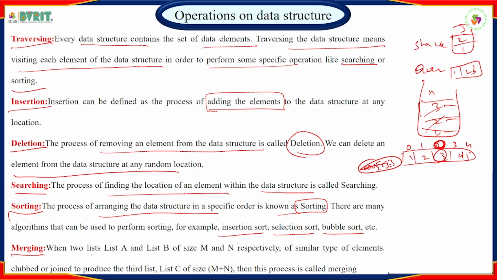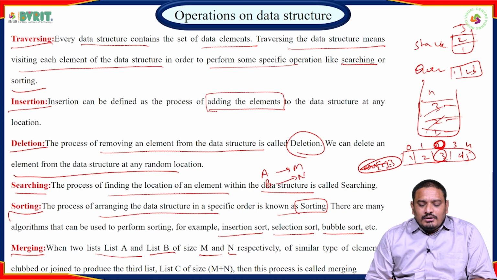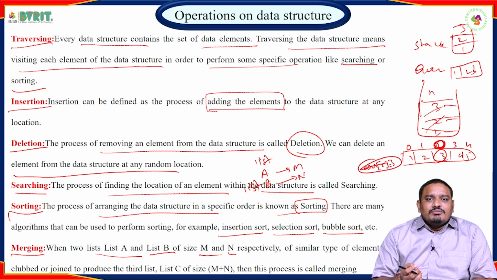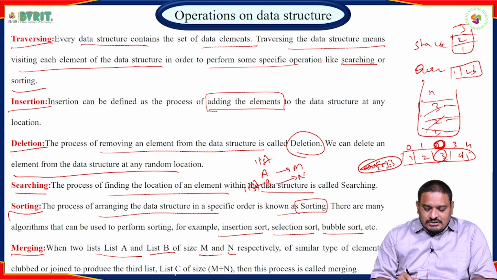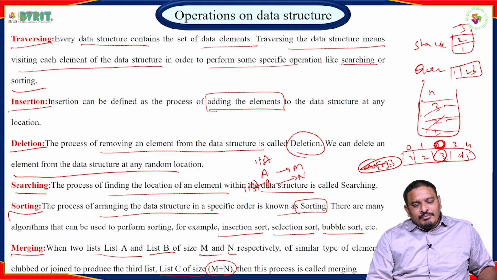For suppose, two lists A and B, where the size of A is M and the size of B is N. This one is the first list, this one is the other list. Similar elements can be clubbed, and that can be stored in another list. That list is called list C, and its size will be M plus N. This is the merging operation in data structures.